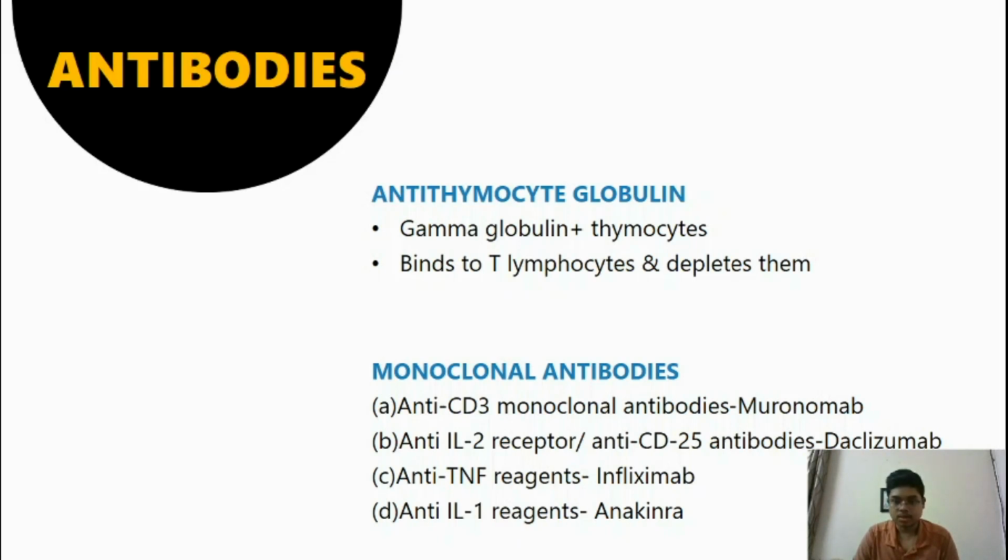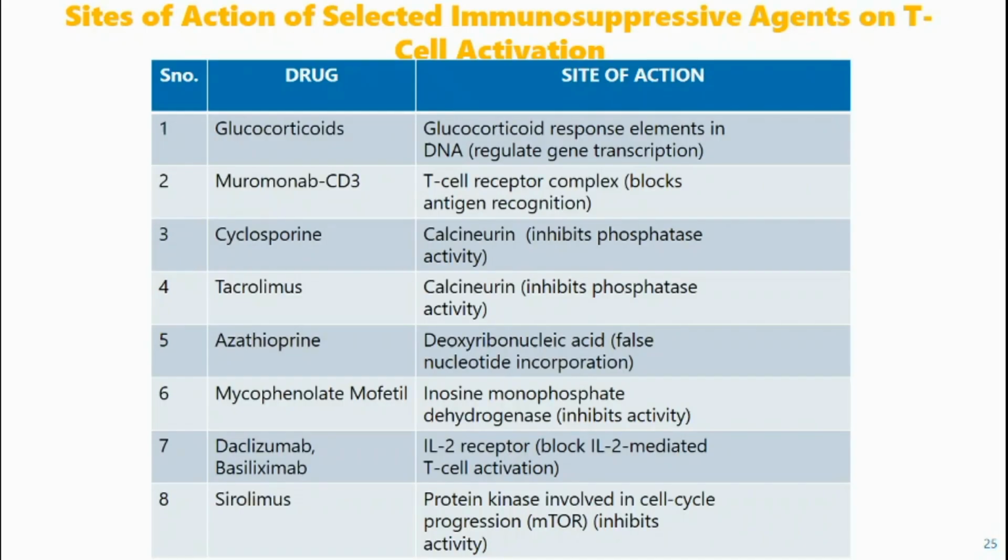Anti-CD3 monoclonal antibodies, example, Muromonab; anti-IL-2 receptor or anti-CD25 antibodies, example, Daclizumab; anti-TNF reagents, example, Infliximab; and anti-IL-1 reagents, example, Anakinra. So these are the sites of action of selected immunosuppressive agents on T cell activation that we have discussed earlier.